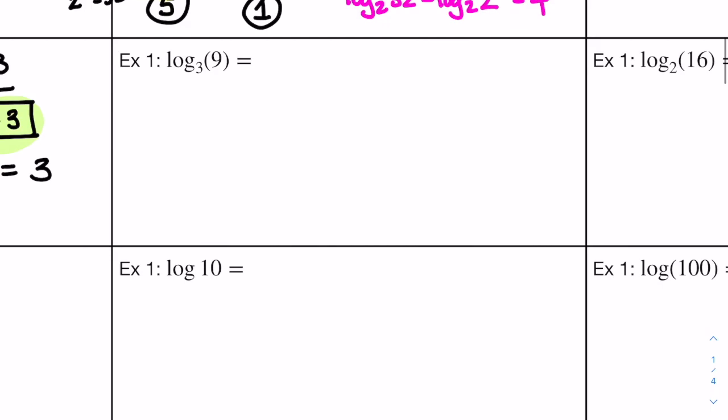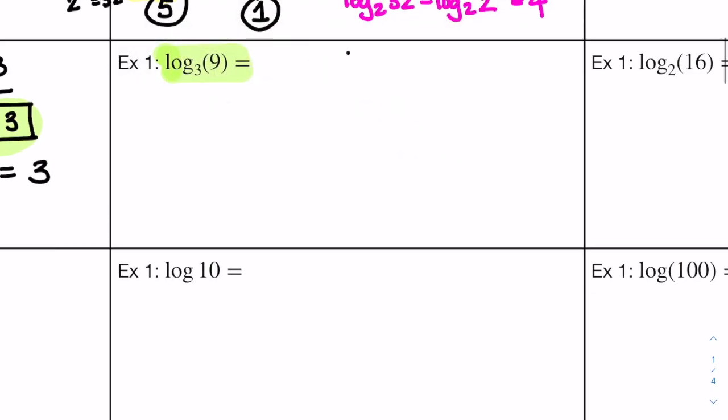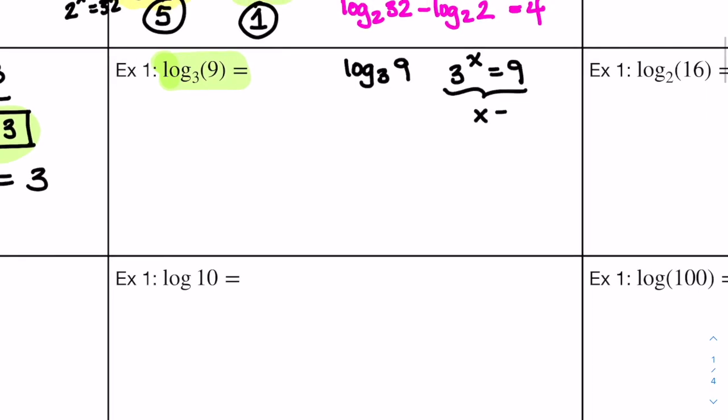Okay, let's look at this one right here. Log base 3 of 9. Again, no tricks, no secrets. You could do this right now if you wanted to. Log base 3 of 9. This is just saying 3 to what power is 9. And again, if you know your powers, 3 to the first, 3 to the second, 3 to the third, you've got a power of 2.